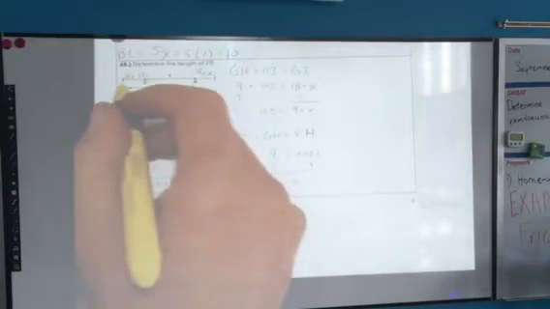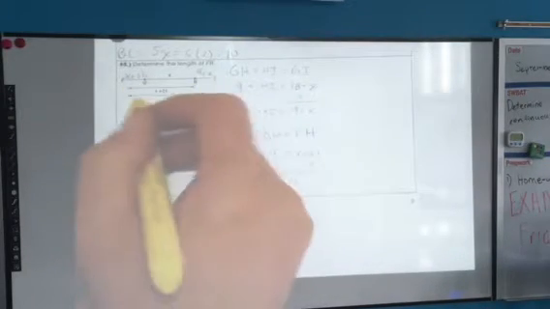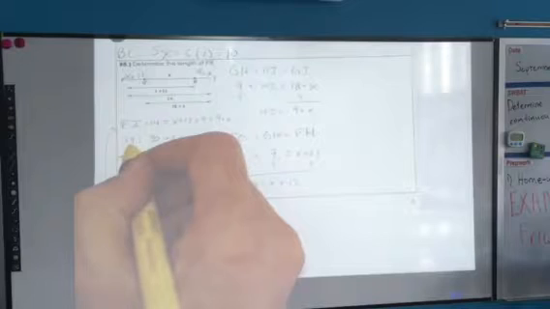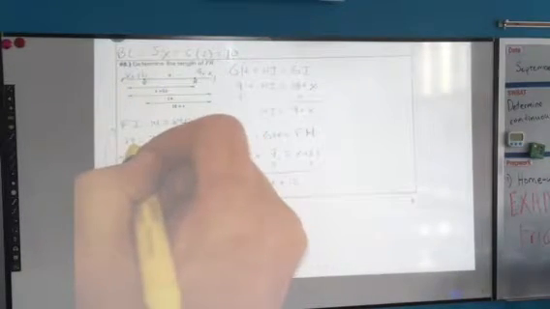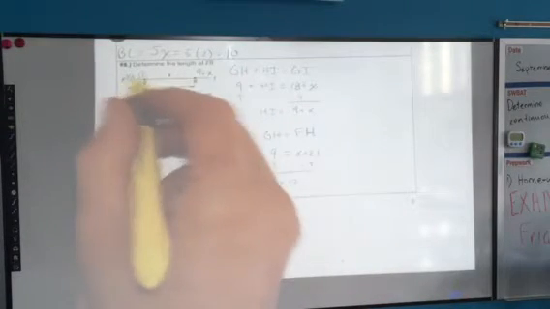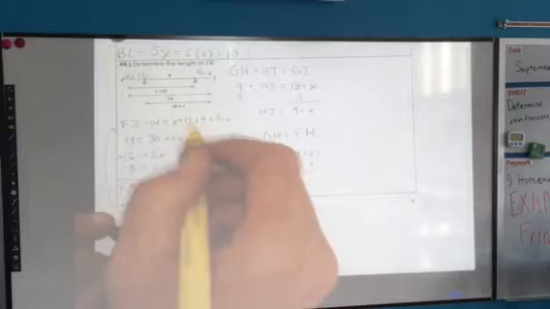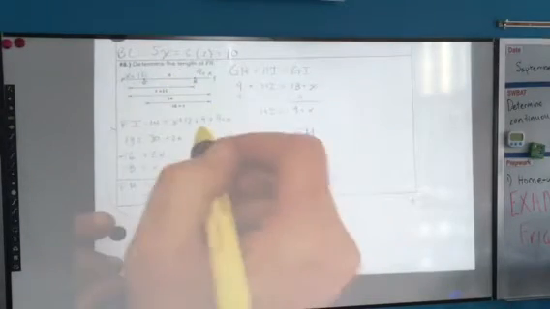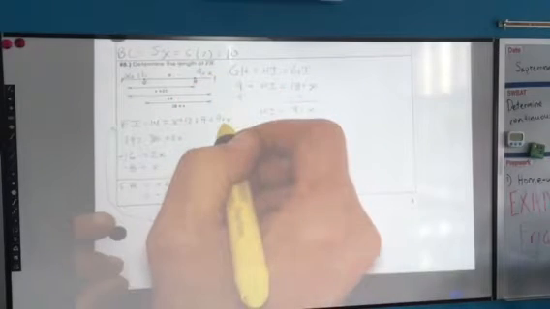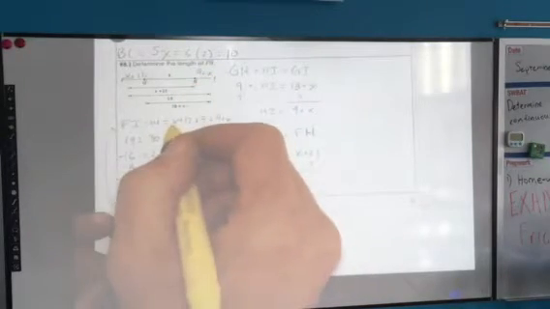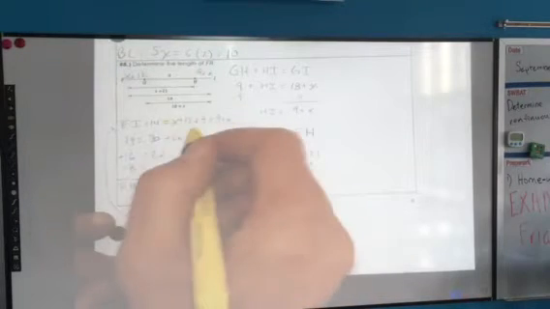So we know the entire FI equals 14. And that entire FI 14 equals FG, which is x plus 12, plus GH, which is 9, plus HI, which is 9 plus x. So 14 equals the sum of all of this.